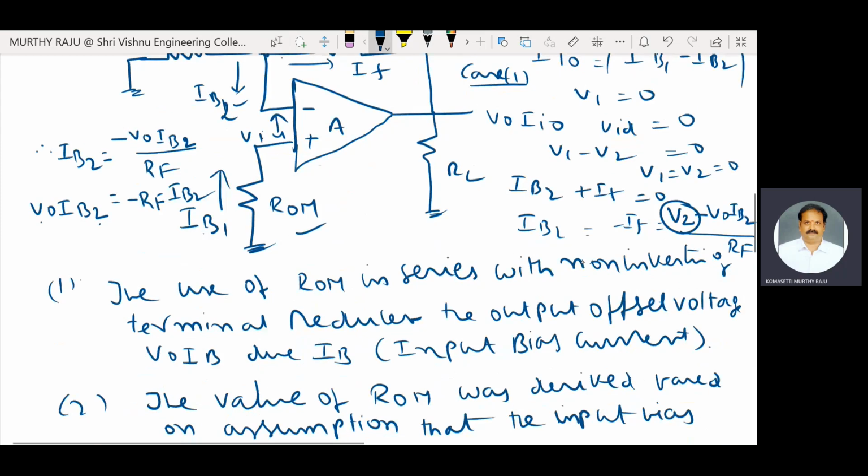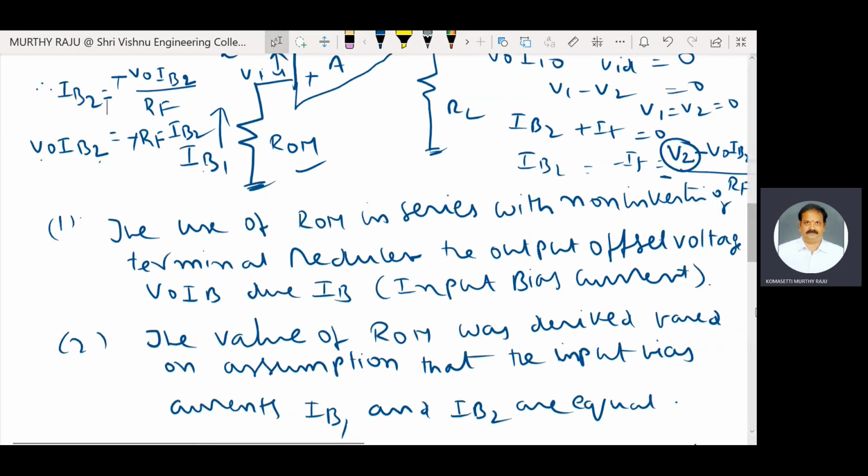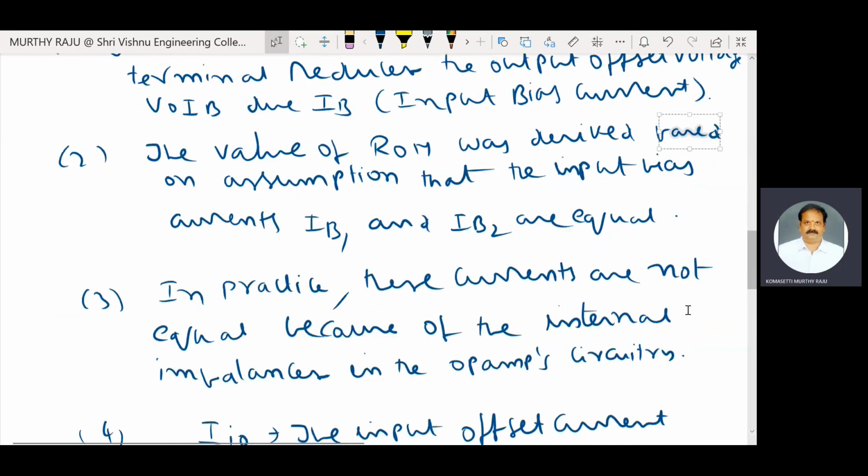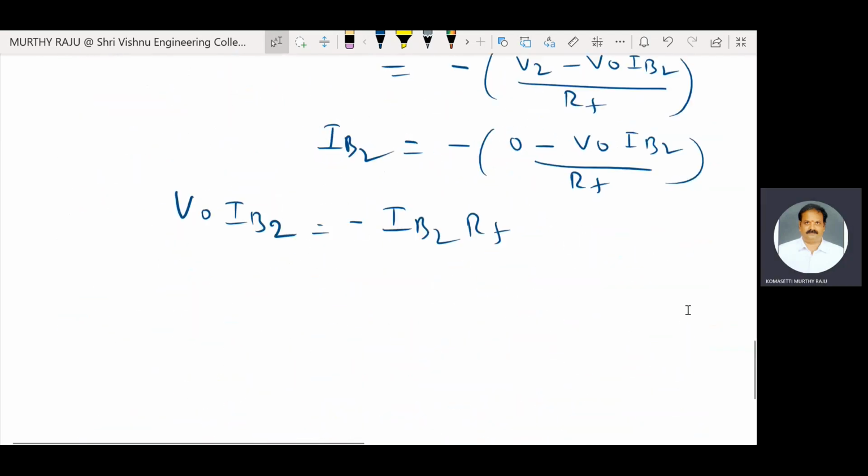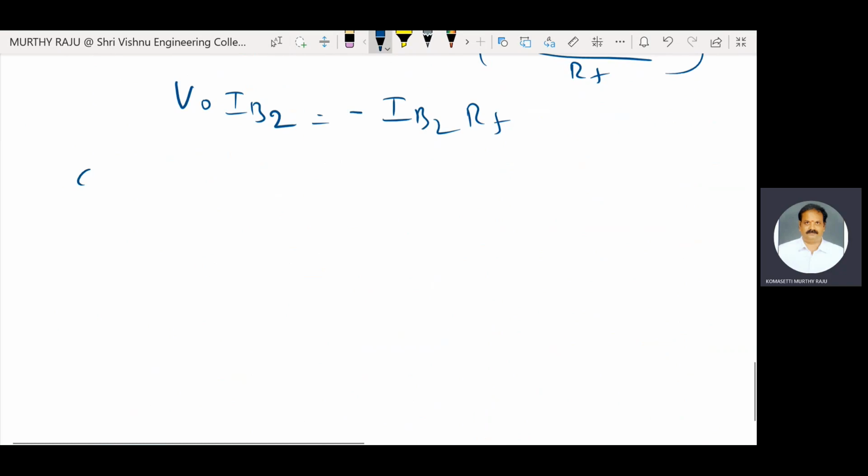This is the non-inverting amplifier case. Here minus sign, here plus. Next, in case 2, V2 is equal to 0, but V1 is equal to ROM into IB1.